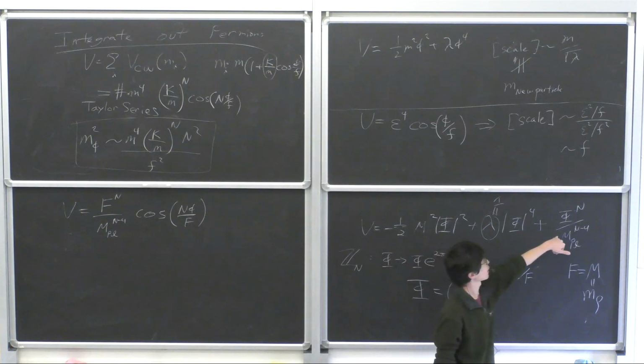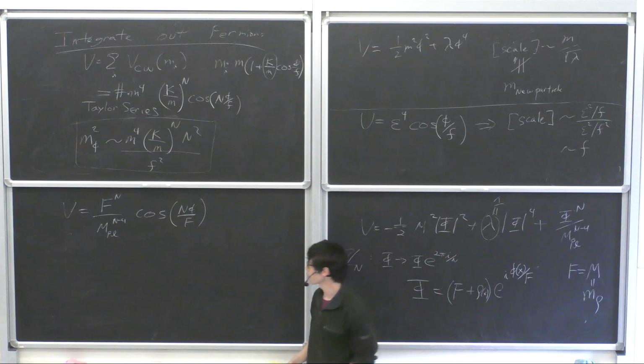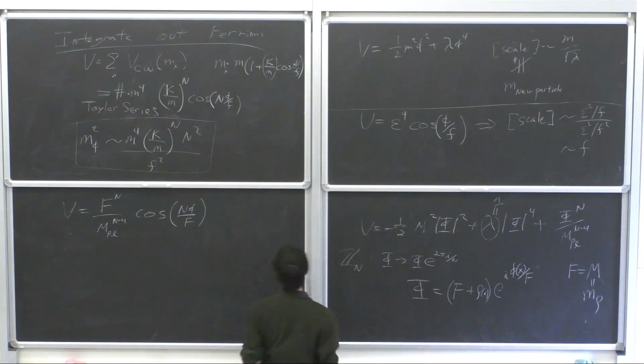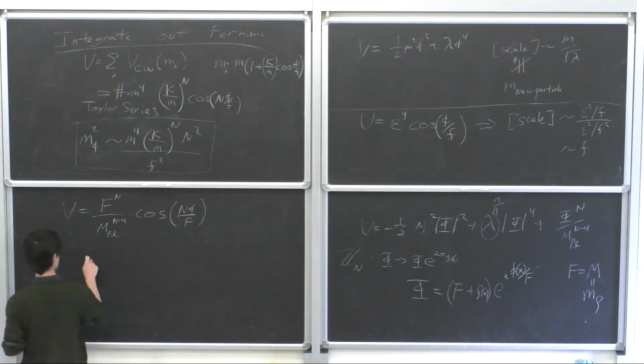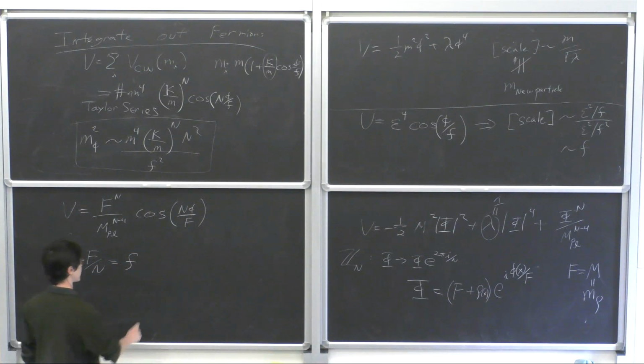So I just plugged everything in here. Notice the exponential gets to the nth power. So we can identify it with our theory by just saying capital F over n is equal to little f. And so what do we see? We see the scale we get from dimensional analysis.